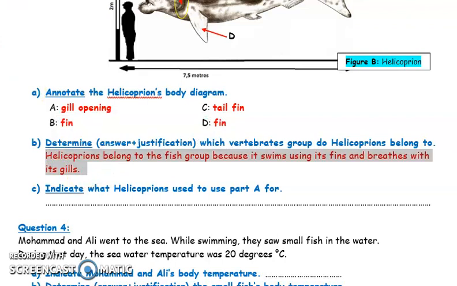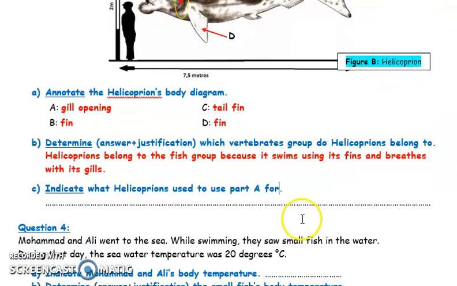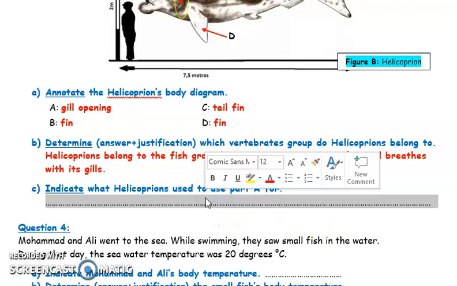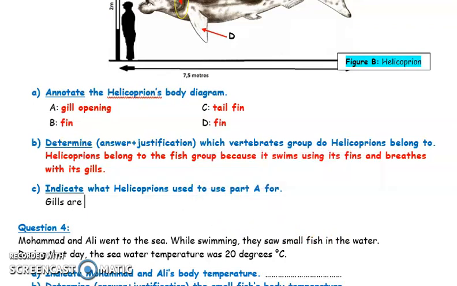Indicate what the Helicoprion used part A for. Part A is the gill opening. I already said it in part B: gills are used for breathing.